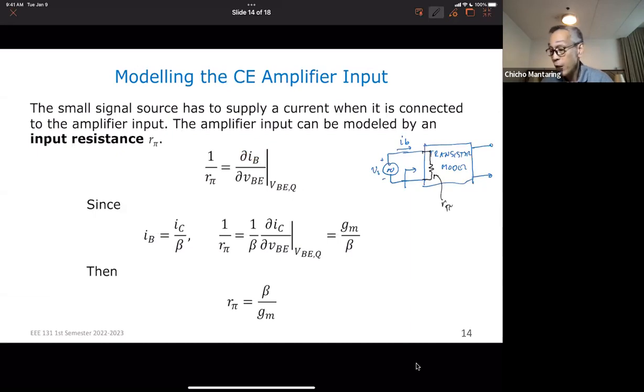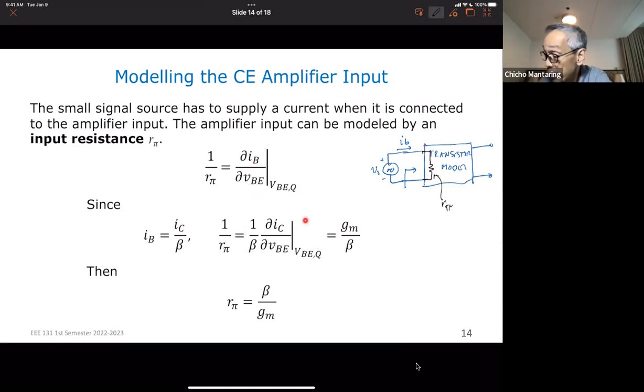Why? No? Because I of B is I of C over beta. So itong I of B na to, we replace with I of C over beta. So I'm going to come up with this, no? This expression for 1 over R of pi. 1 over beta, the partial of I of C with respect to VBE.